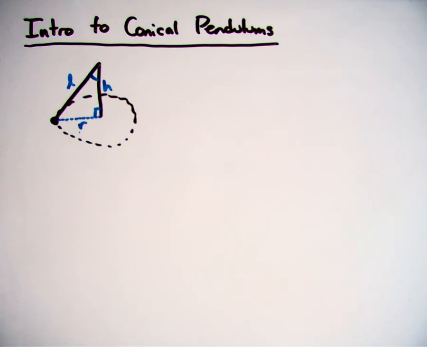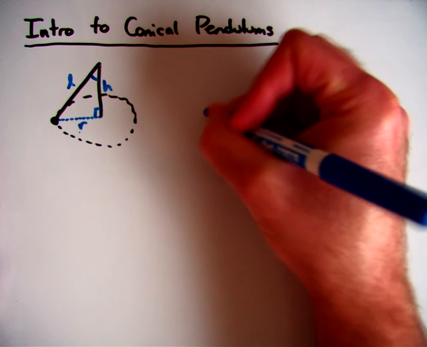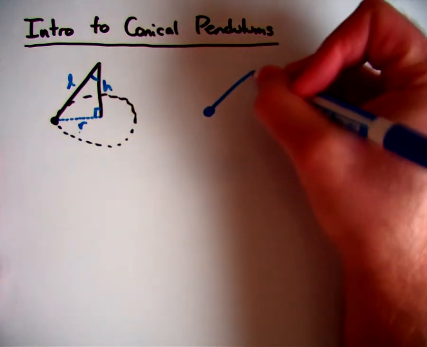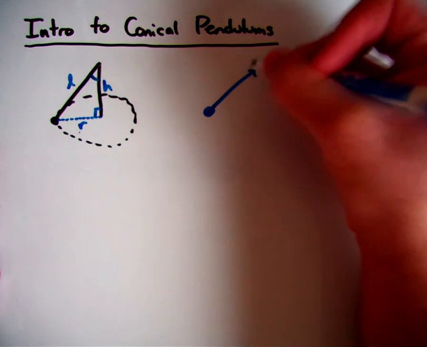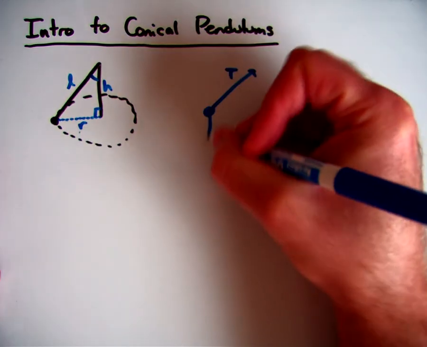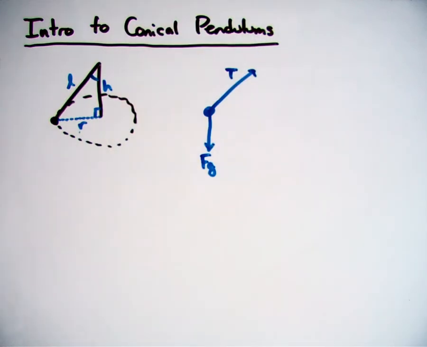Now, the reason why that's important is because if we actually look at a free body diagram of the object, we have tension in the string going up at this angle. We have the force of gravity going downwards. Those are basically the only 2 forces acting on the object when it's swinging in this conical pendulum.